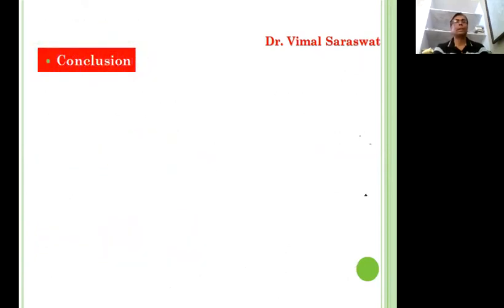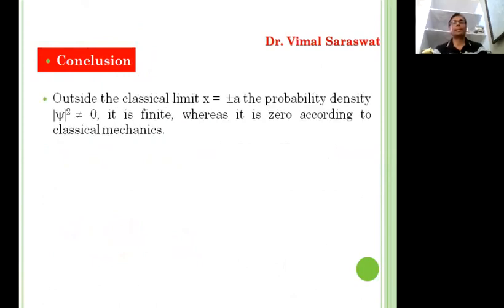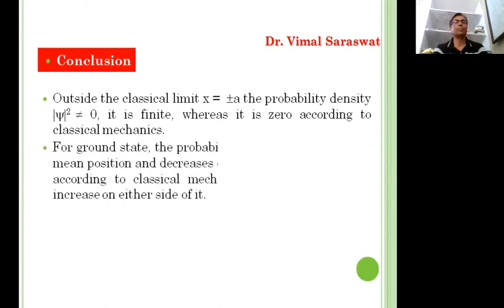Now the conclusions which we obtain from the eigenfunction: outside the classical limit x equal to plus minus a, the probability density is not 0, it is finite, whereas it is 0 according to classical mechanics. So in quantum mechanics, the probability of finding the particle outside the classical limit is not 0, it is always finite, whereas in classical mechanics it is 0.